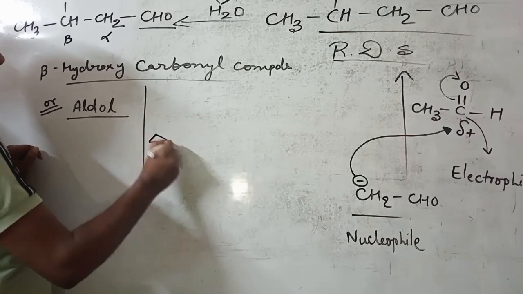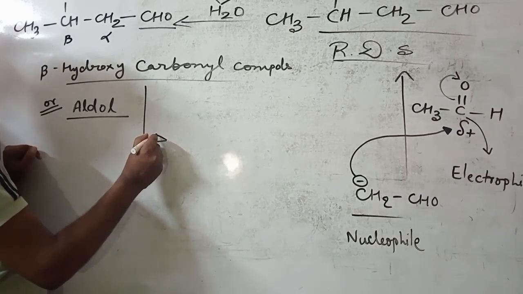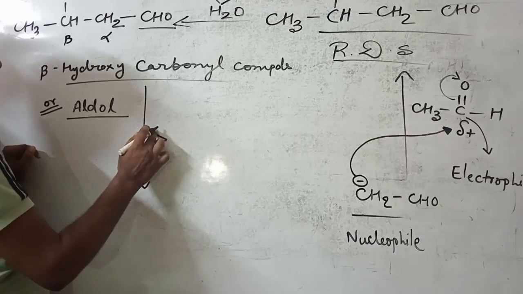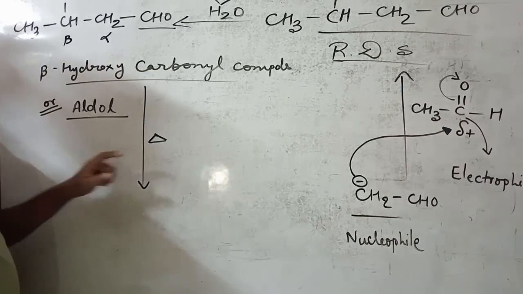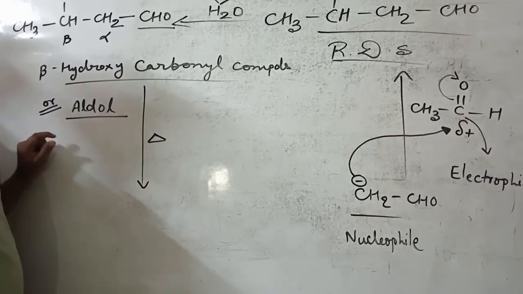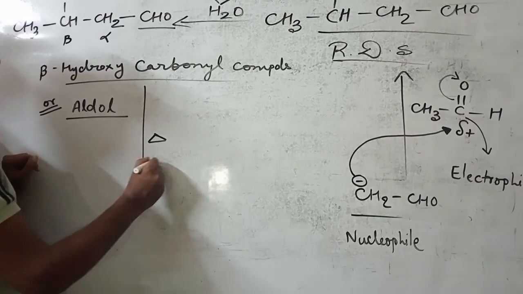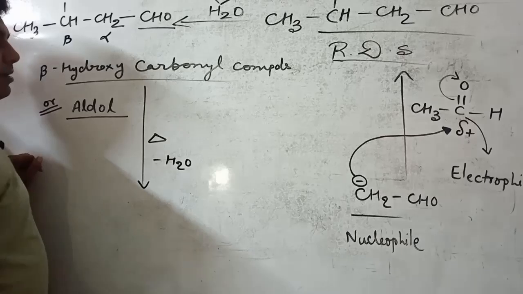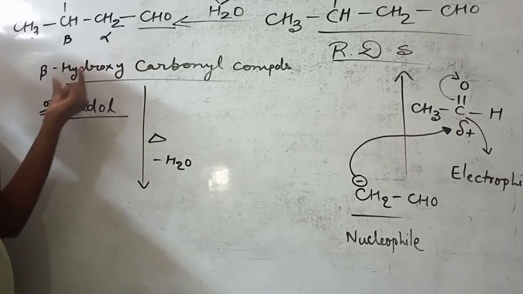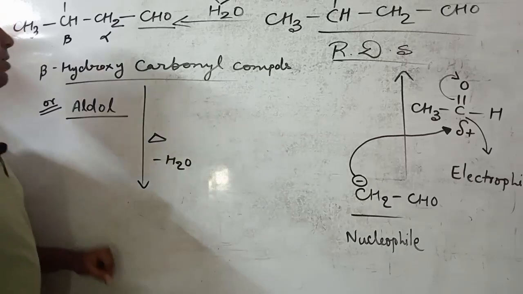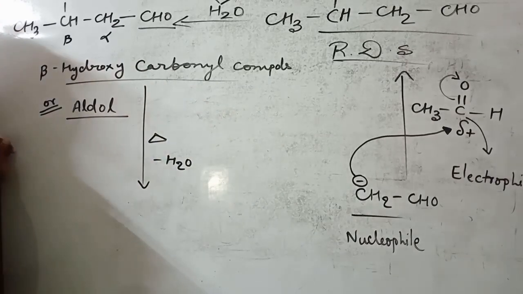Condensation means heat is involved in these reactions, after the removal of a water molecule. Here is the removal of the water molecule. This beta hydroxy carbonyl compound is converted into the enol form. How do we convert to the enol form?